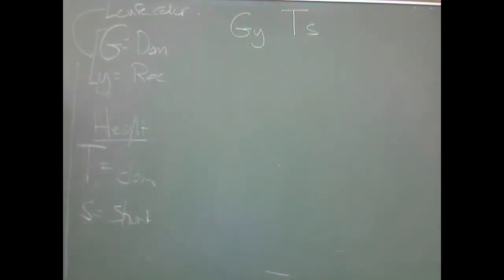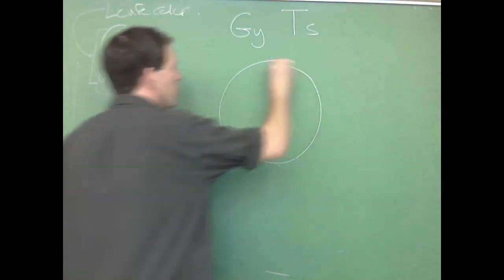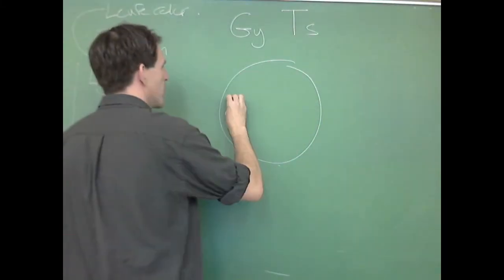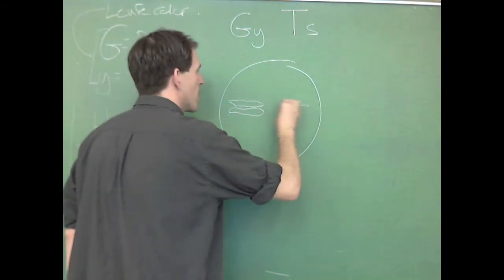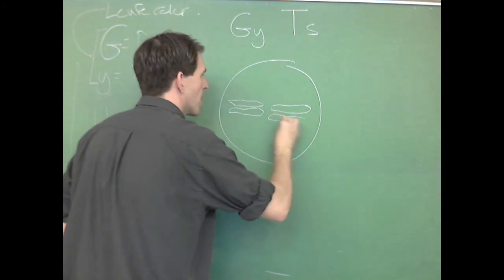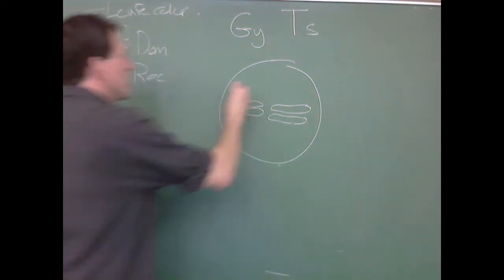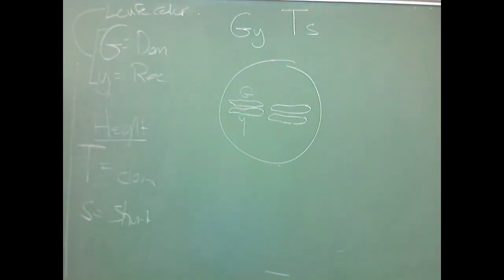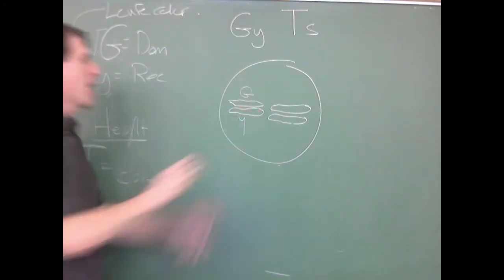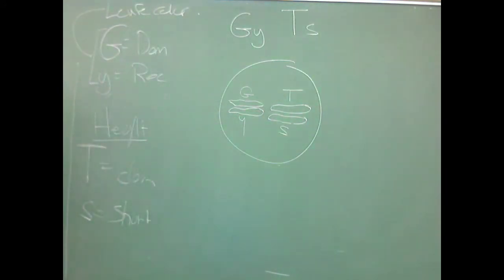All right? Now, let's just say this was her nucleus at the time here. Two sets of homologous chromosomes. On this one, she would have a G for green and a yellow for yellow. On this one, she would have a tall and a short, right?